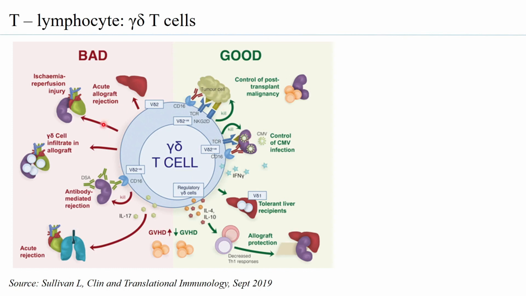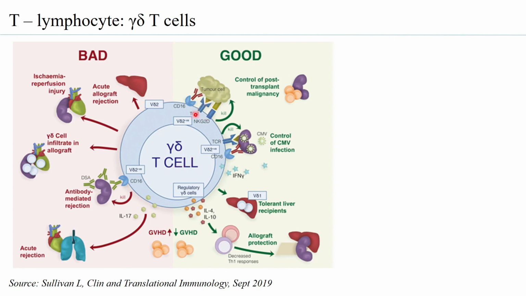So in transplantation, the gamma delta T cells have been found to have an important role. But what is essentially being mentioned over here is that you have several different receptors that are present on the surface of the gamma delta T cell, which enables the gamma delta T cell to also have multiple functions.